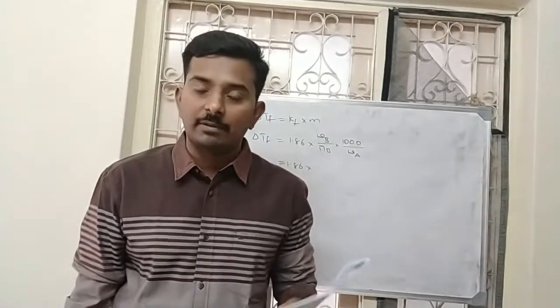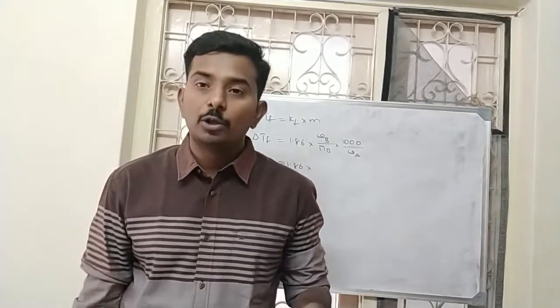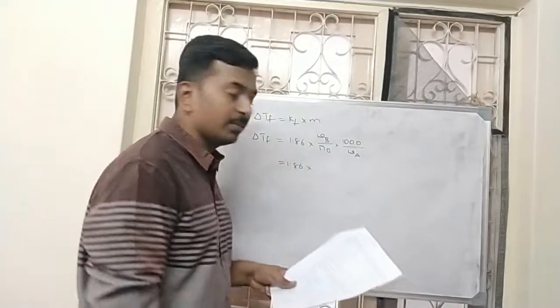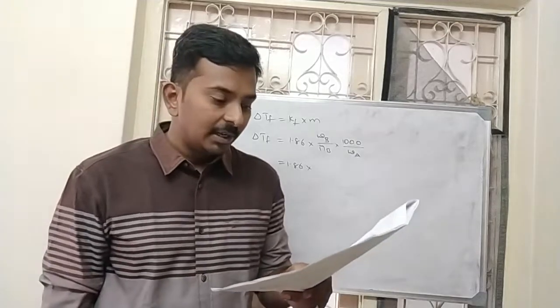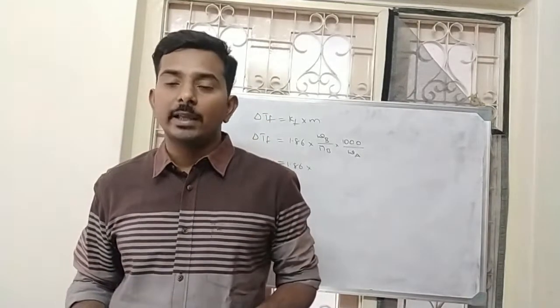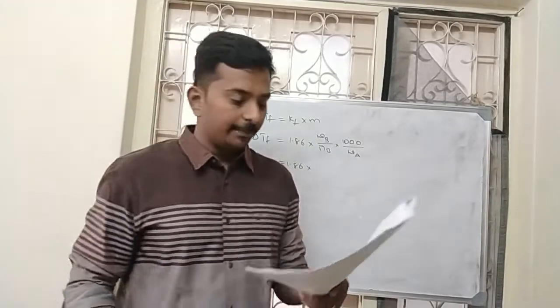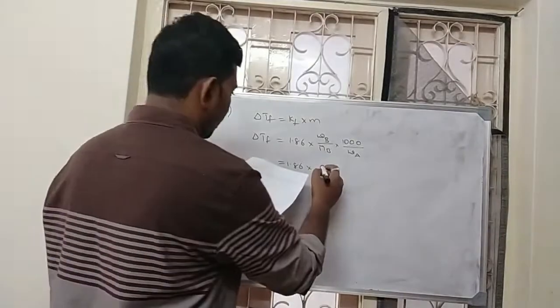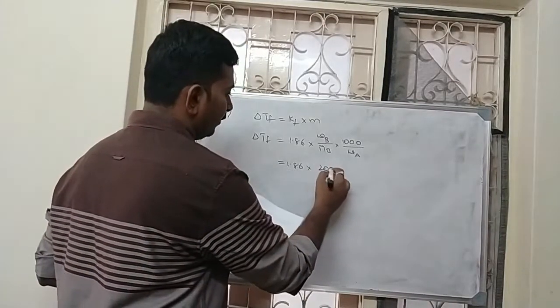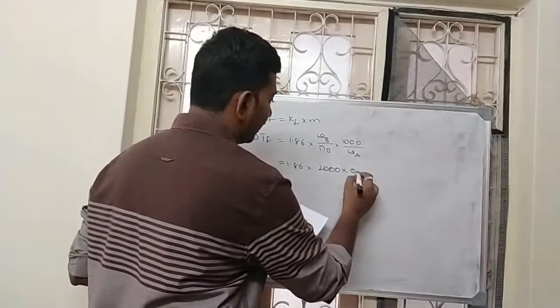Mass is not given, but volume is given. The volume is 2 liters, so 2 liters means 2000 ml, and the density is also given. When you know volume and density, you can calculate the mass. So mass is volume into density: 2000 ml into density 0.8.